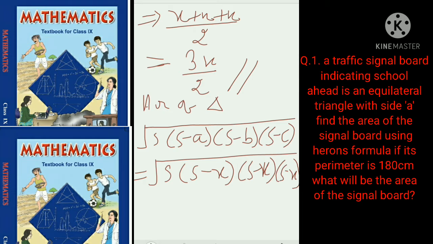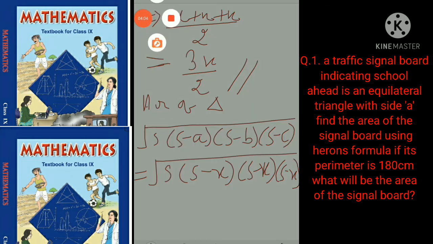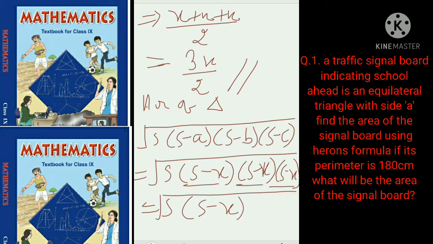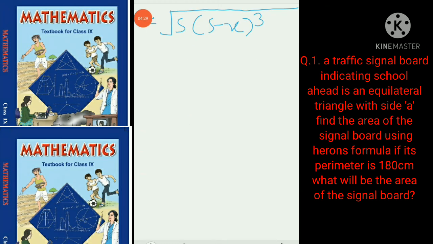So we have s minus x, s minus x, s minus x. When you multiply, these values are similar, so it gives us s minus x whole cube.